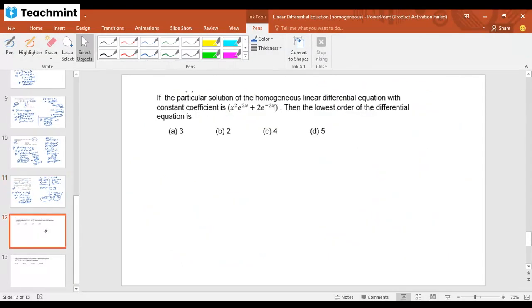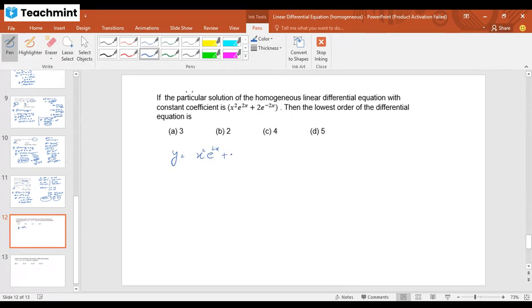Now let us move to the next question. The question is: if the particular solution of the homogeneous linear differential equation with constant coefficients is this, then the lowest order of the differential equation is? Now we are given a particular solution x square e power 2x.